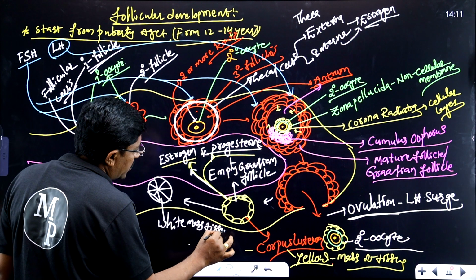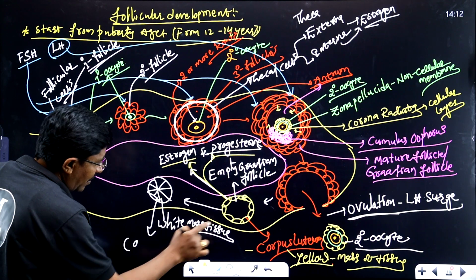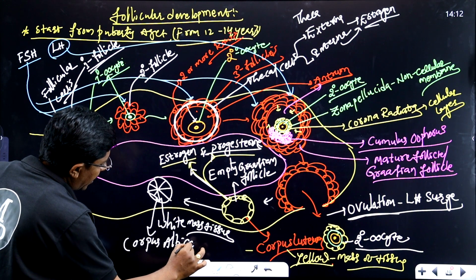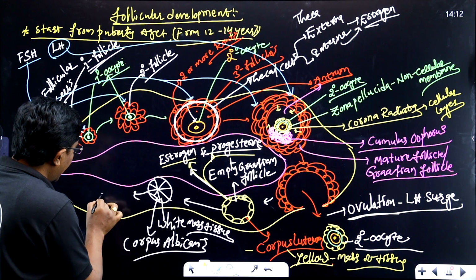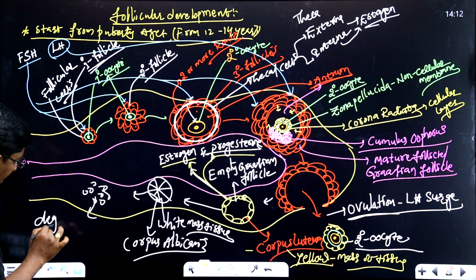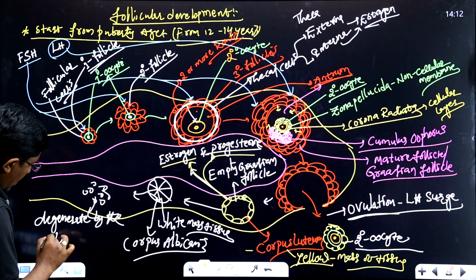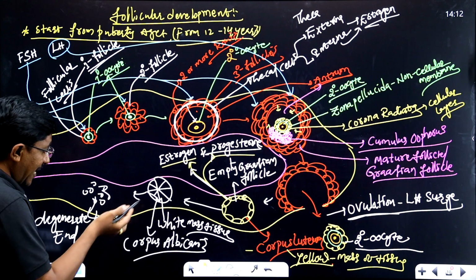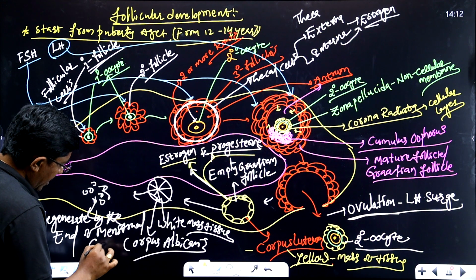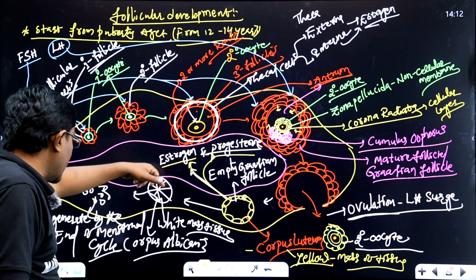Once the yellow color changes into white color, the corpus luteum is converted into the corpus albicans.